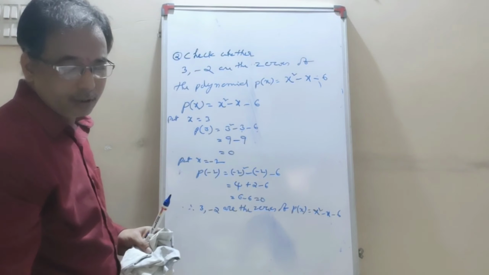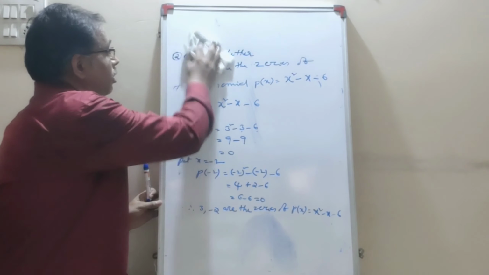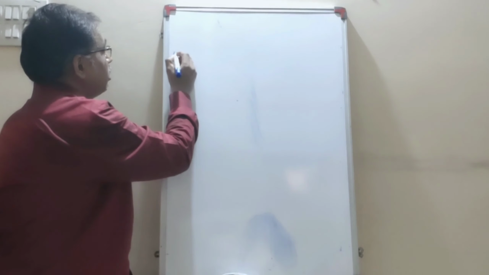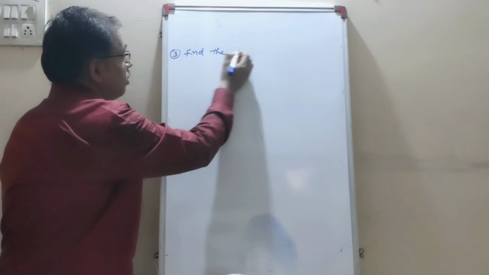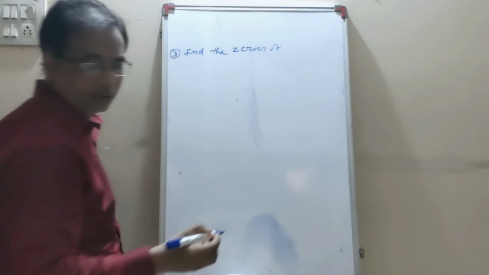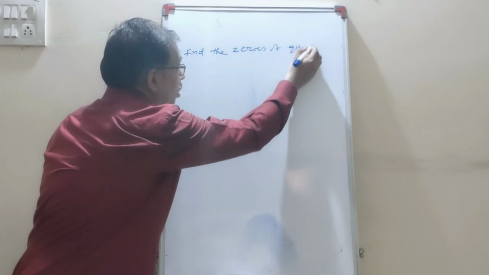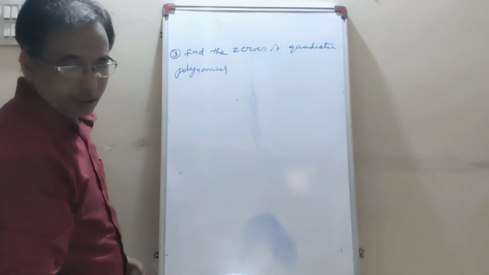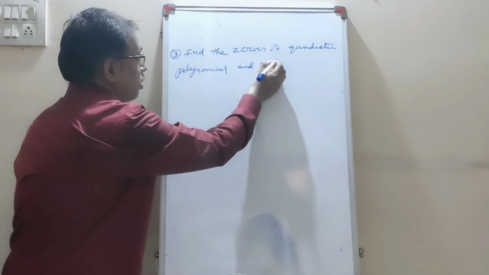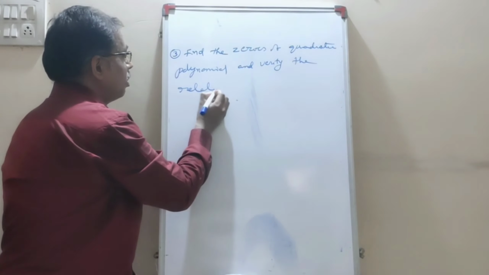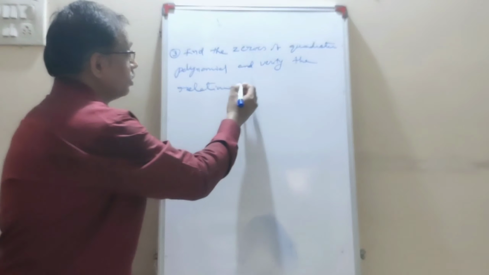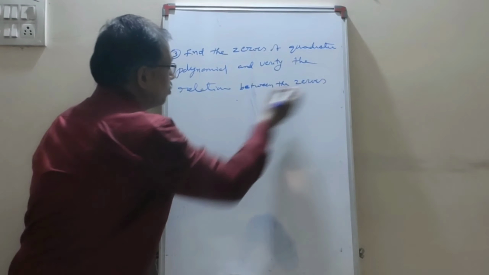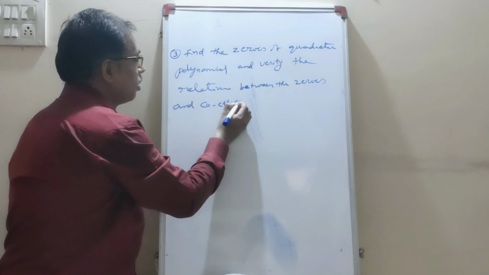Here, find the zeros of the given quadratic polynomial and verify the relation between the zeros and their coefficients.